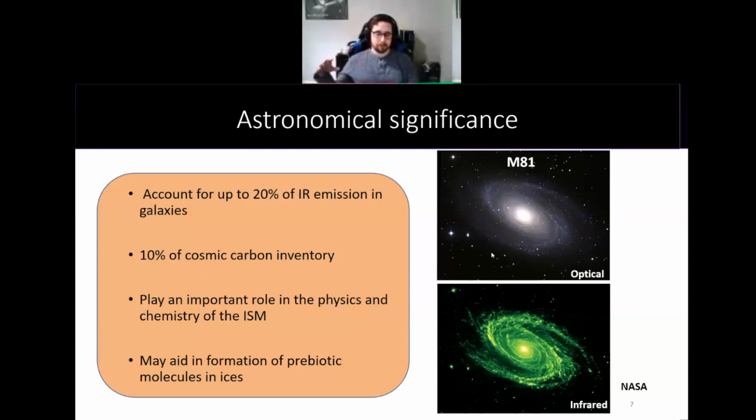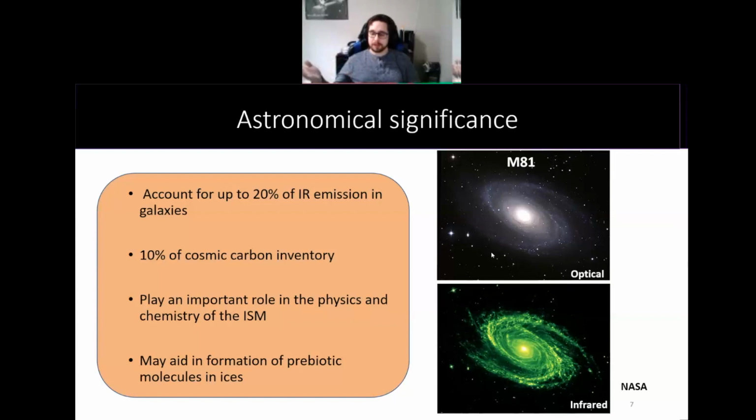Additionally, their large surface area provides an ideal site for surface chemistry for the formation of molecules such as H2 or CO, etc. Additionally, they've been found to be used as tracers for star formation in external galaxies. And other studies have shown that their large surface area may allow them to be a catalyst for formation of prebiotic molecules in ices on cometary or asteroid bodies.